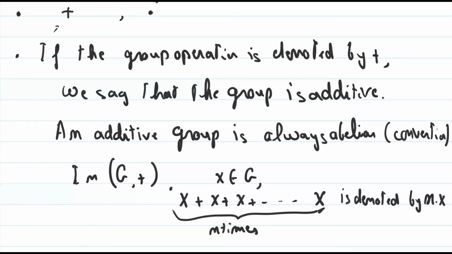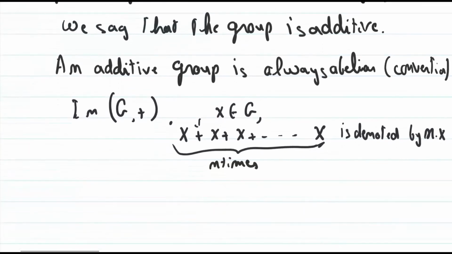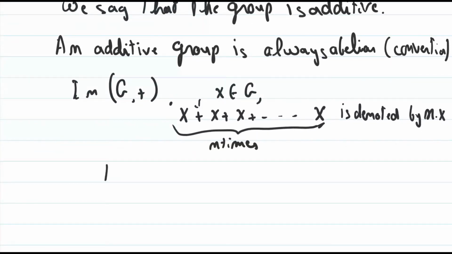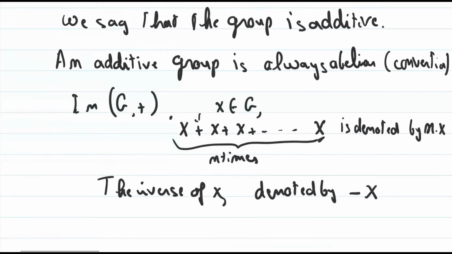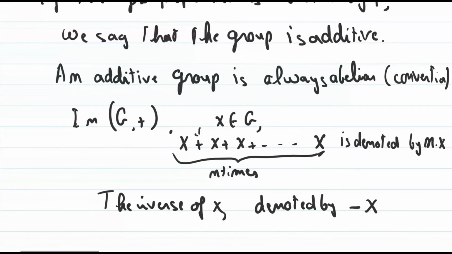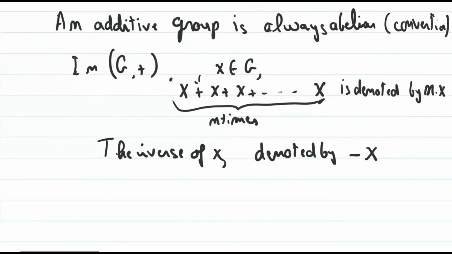It's just a matter of notation. If I tell you 3x, you understand I'm speaking about the group element x plus x plus x, where plus is the group operation. 3 times a matrix A is just A plus A plus A. Another notation: the inverse of x is denoted by negative x, just the notation you are used to. Negative x is just the inverse of x for this group operation. Now, another group of notations is for the multiplicative groups.